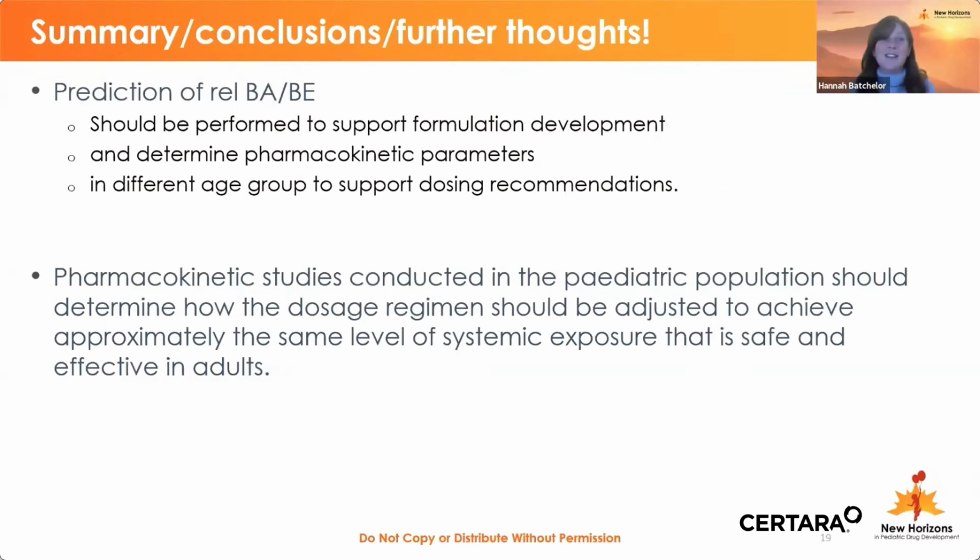I think there's a mix of both. We've got to look at that in different age groups to support the dosing that's required. Ultimately, our pharmacokinetic studies conducted in paediatrics are there to show how we can get our dosage regimen to achieve the same systemic exposure, which is safe and efficacious.